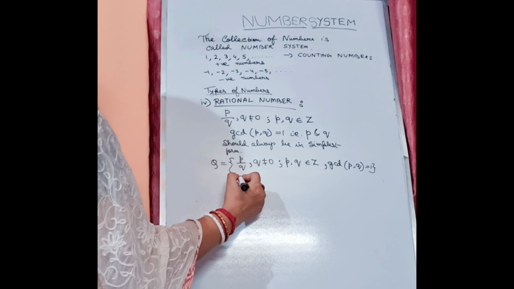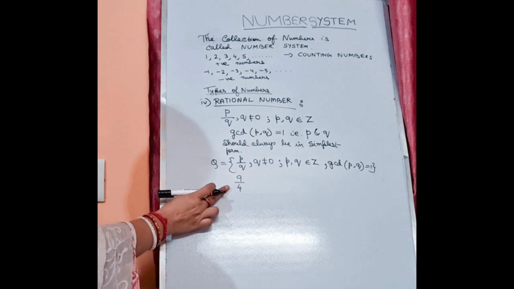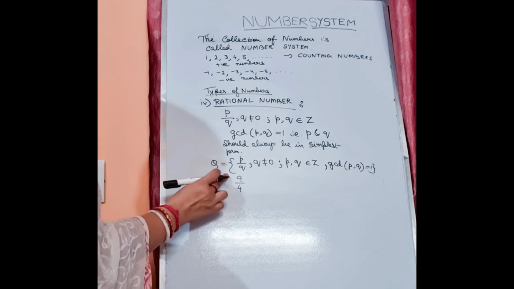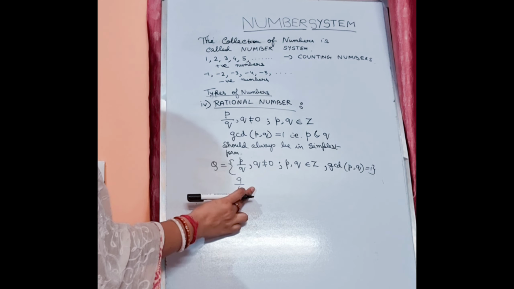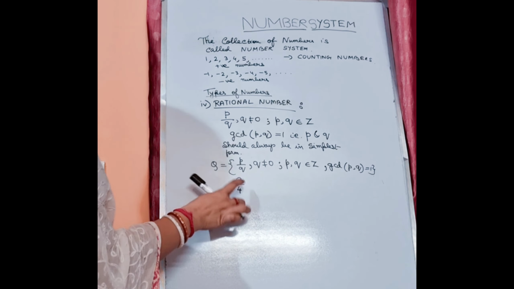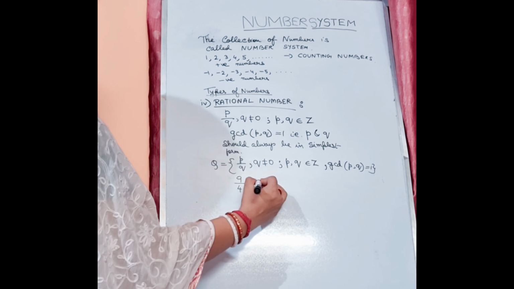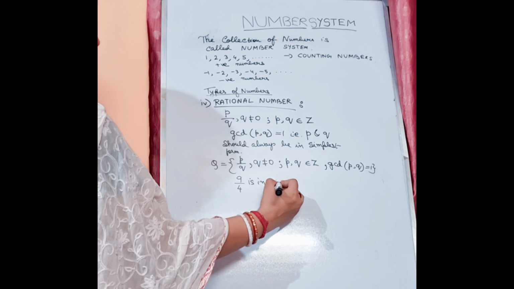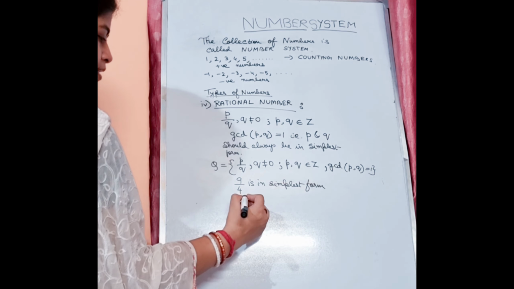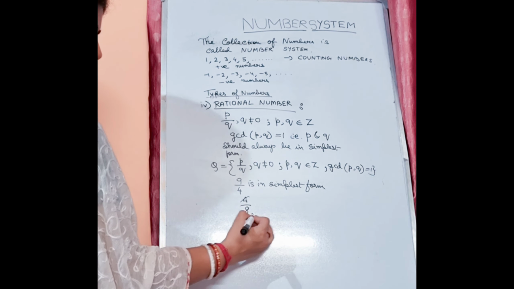If I take the number 9 by 4, can there be any number which can reduce 9 and 4 both? No, there is no such number which can reduce 9 and 4 to simplest form. So therefore 9 by 4 is in simplest form. But if I take the number 4 by 8, we know that 4 twos are 8.